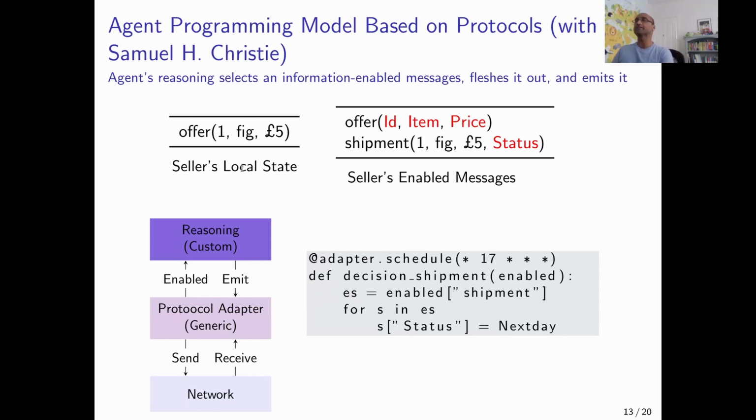So for example, if the seller has already sent an offer for figs for £5, in that state, there are two possible actions available to the seller. It can send another offer for whatever it wants. So it can start a new business transaction, or it can send a shipment for the earlier sent offer.